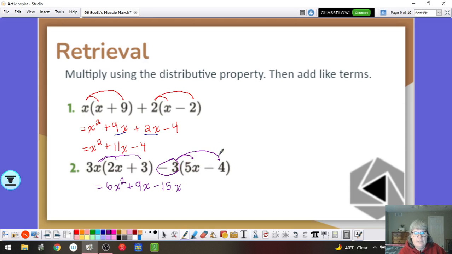And negative 3 times negative 4 is plus 12. When we look for our like terms here, it's the two terms in the middle. And we have 6x squared minus 6x plus 12. So that's multiplying using the distributive property and then adding like terms.